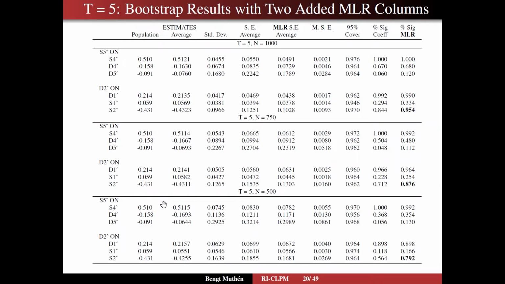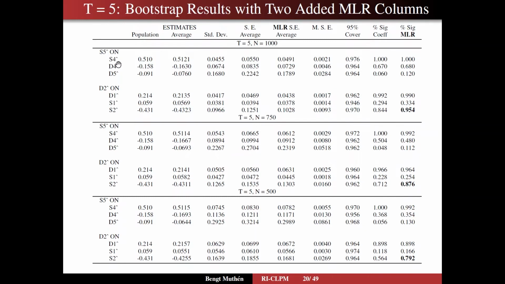So on slide 20, we have a lot of information. So I'm going to take it in steps. The first column is the parameter in question. So we have 3 parameters here in the first block. You have S5 hat, which refers to the within part of the self-esteem variable at time point 5.